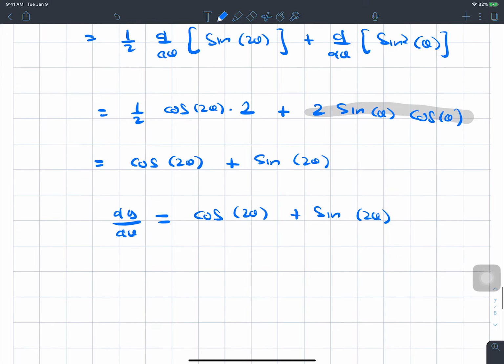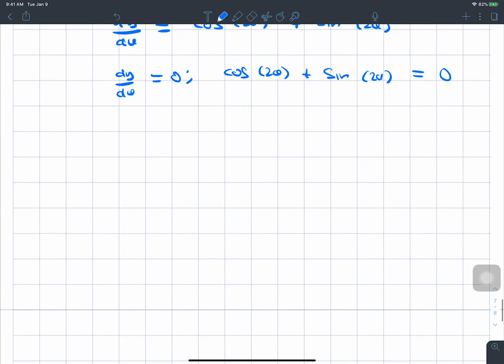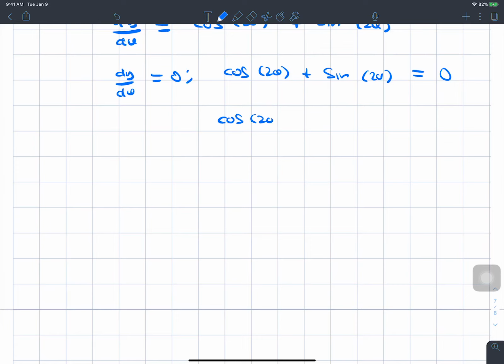Set that equal to 0. So if we do that, we end up with cosine 2 theta plus sine 2 theta equals 0. And that's going to give you a nice trig equation. You could subtract one term, and you get cosine 2 theta is minus sine 2 theta.